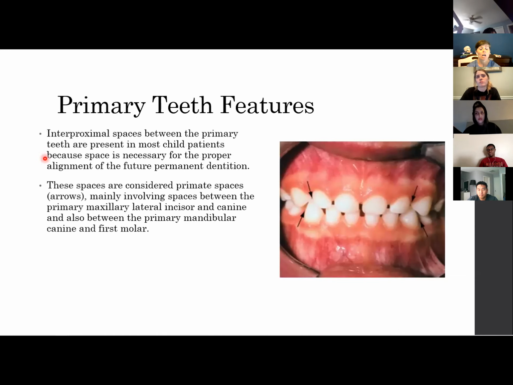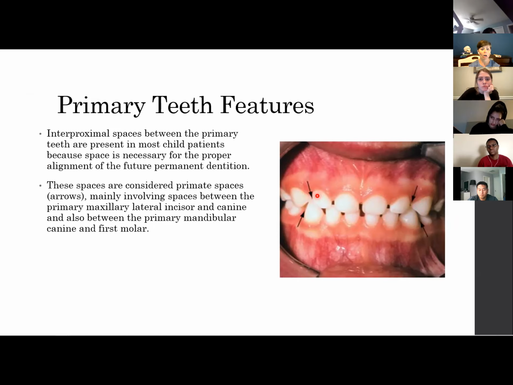That's just what happened. Primary teeth features. Interproximal spaces between the primary teeth are present in most children because the space is necessary for proper alignment for the future permanent dentition. The spaces are usually on the maxillary between the lateral incisor and the canine, and on the mandibular between the canine and the first molar.